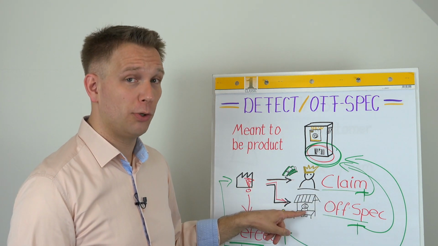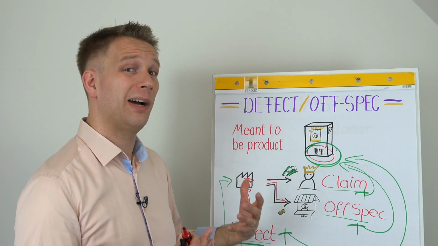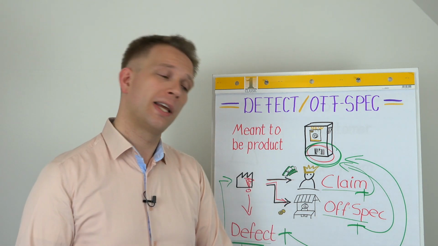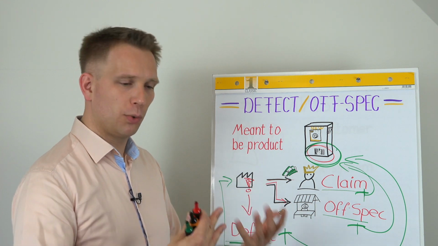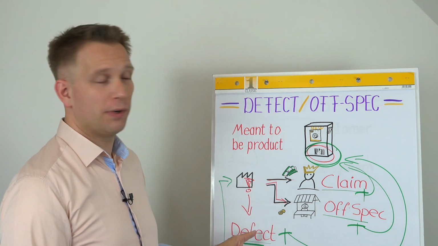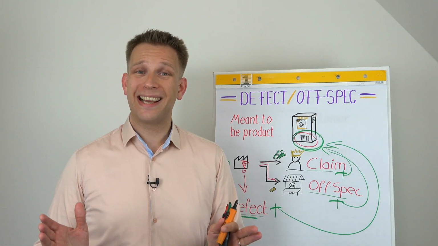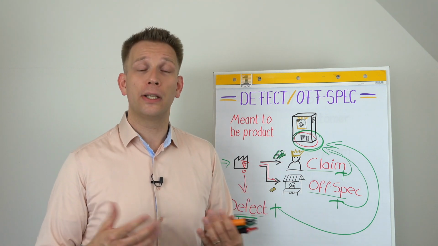It will not show up in your mass balance, but it is a quality cost that should be taken into account when we do our loss analysis. And when we already in the factory notice and side stream this product, we make it a waste, defect, waste. Here the one thing is, if it is reworked, it still counts as a defect. So that's how you account for defects and off-specs within your material and quality loss deployment.